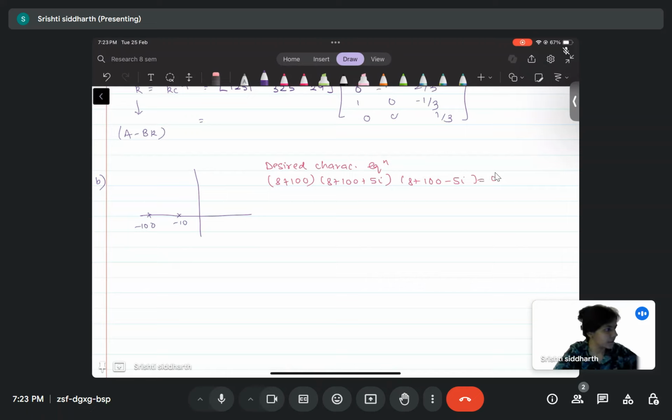So we can expand this, and this is simply s cubed plus 300 s squared plus 30025 s plus 500.